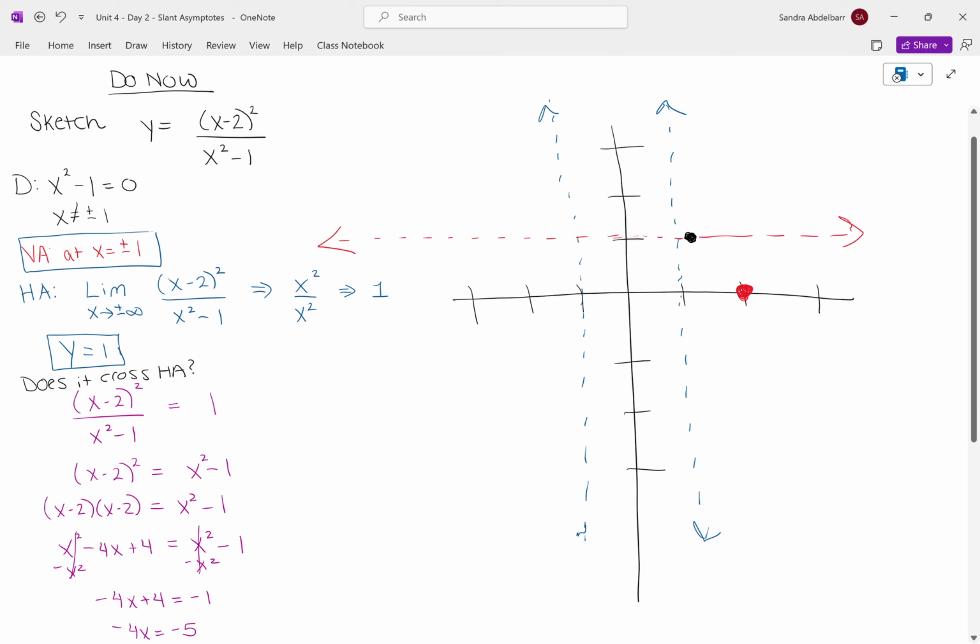So I can pretty much figure out what's going on this right side. How do I know? Because here's an asymptote, and we know this is a bounce, right? So what's happening is I'm going to hug this, but then I'm going to cross the horizontal asymptote.